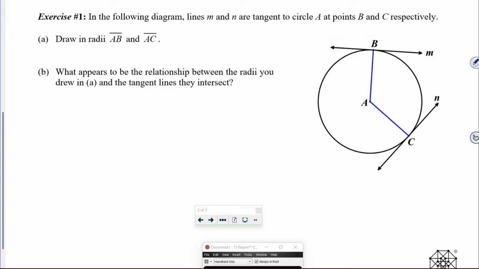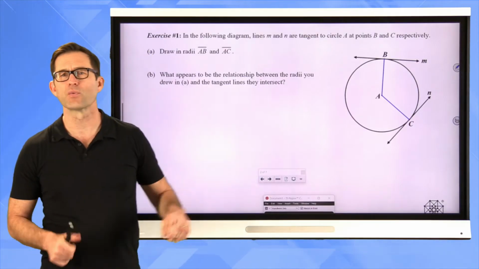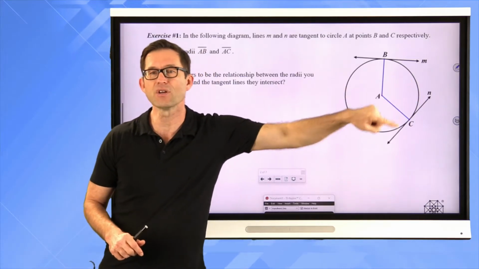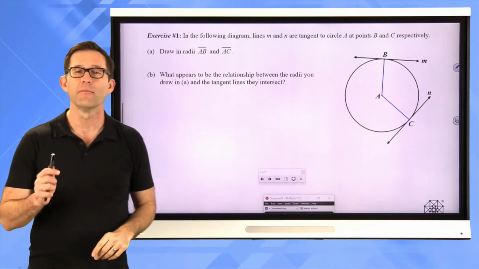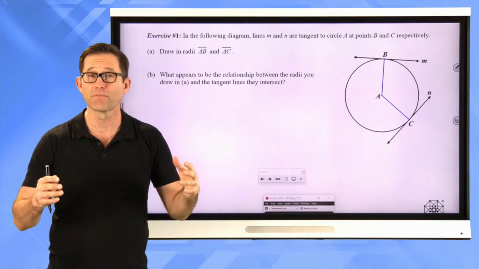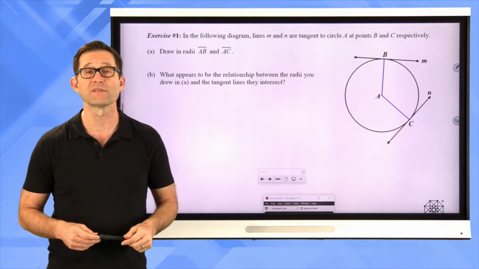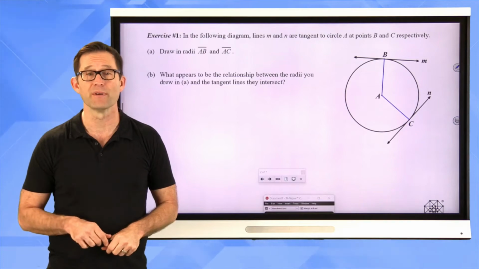Now letter B. What appears to be the relationship between the radii you drew in A and the tangent lines they intersect? All right, so what do you think is the relationship between each of these radii and the tangent lines that they intersect? Pause the video right now. Now this is pure speculation. We'll prove it in a little bit, but right now speculate on what you think the relationship is.